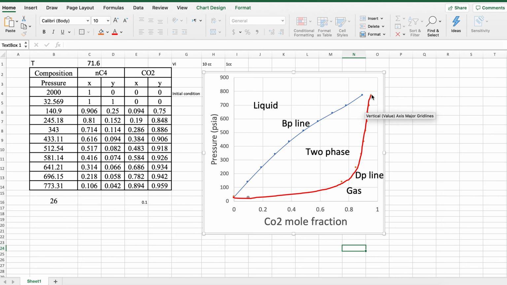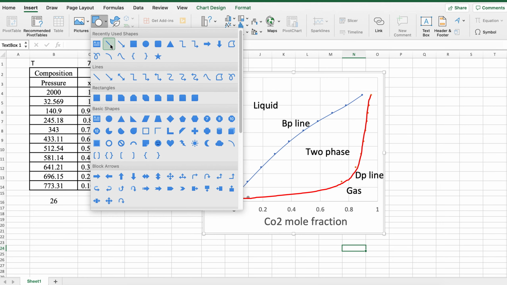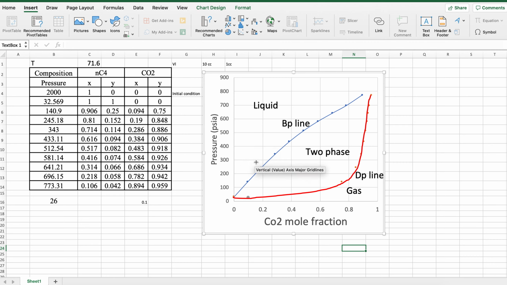So you can add that point to close your envelope, okay? And then this becomes your two-phase region, and you also can add the tie lines, basically because you did use the tie line.